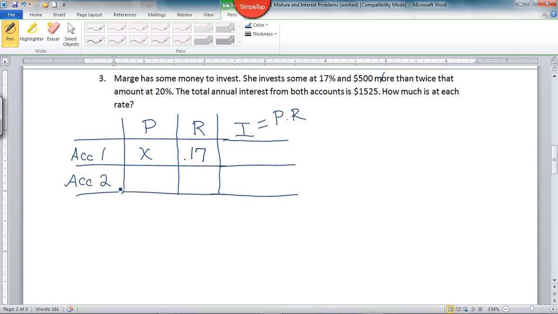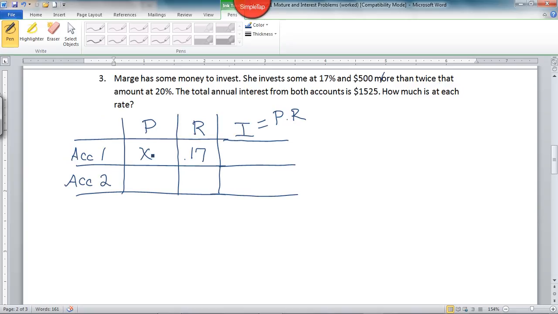Let's go to account 2 here. The amount in account 2, the principal, well, here's what it says. The amount is 500 more than twice the amount at 17% for the 20% account. Well, let's think about that. 500 more than twice the amount.